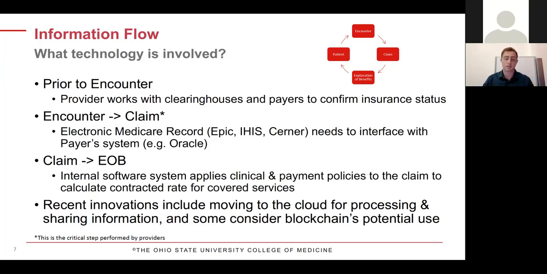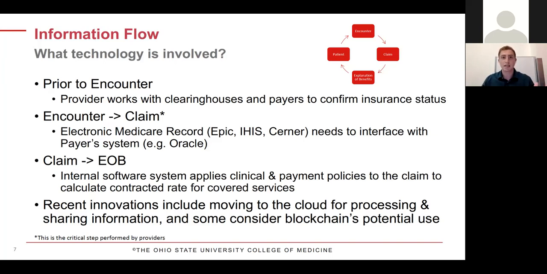I talk about these in the next slide, so I won't get too involved here, but for whatever services were rendered, there is a specific price attributed to them. So it's important for providers to get that right and make sure it's also the appropriate level of care. You have to attach the right diagnosis code to the right procedure to make sure that it was an appropriate procedure for the clinical presentation.